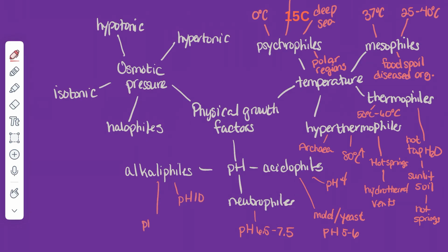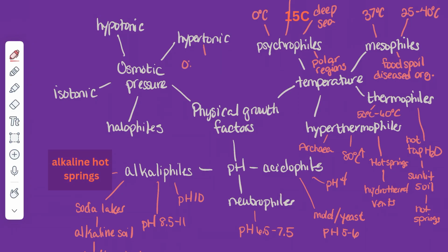Alkalophiles have a pH of 10, and their range is 8.5 to 11. You can find them in soda lakes, alkaline soil, and alkaline hot springs.